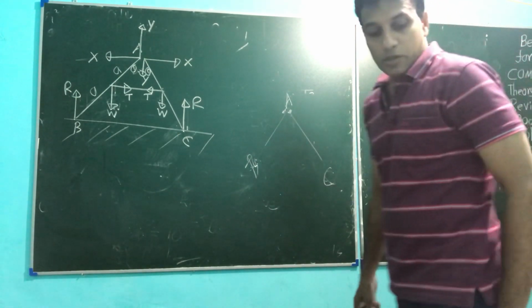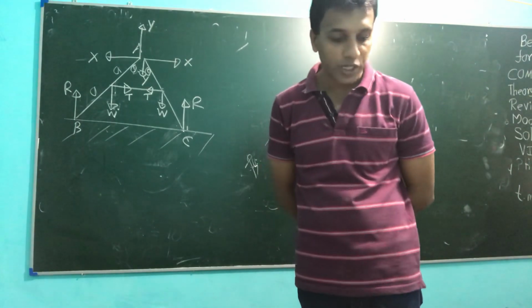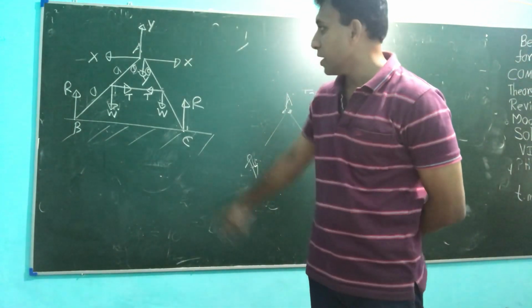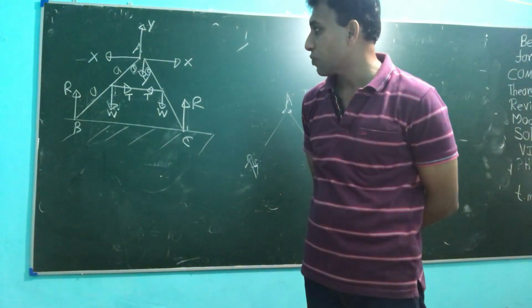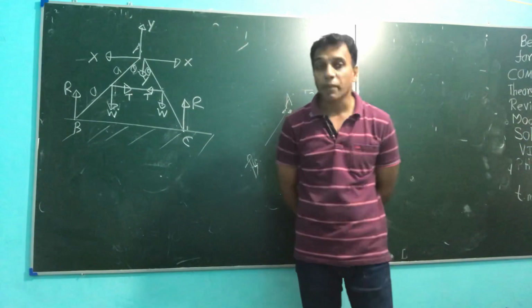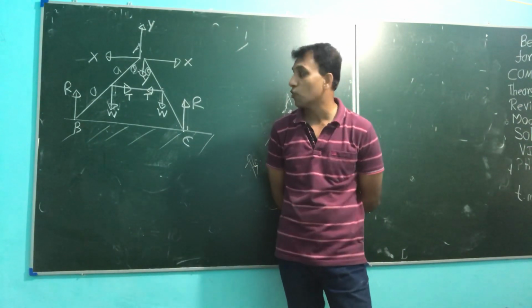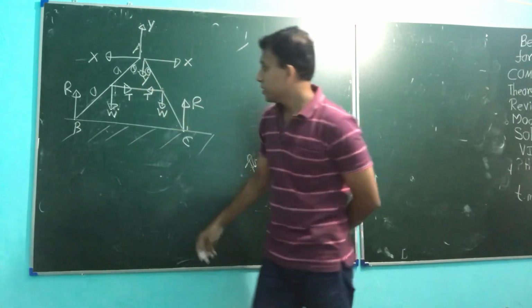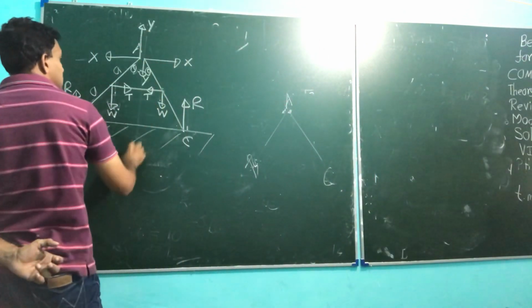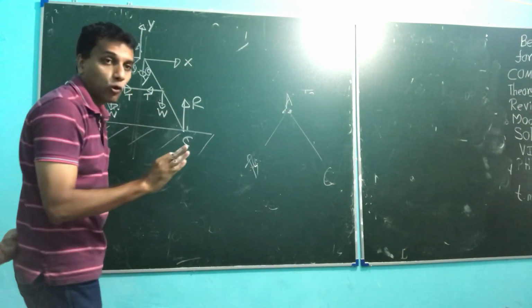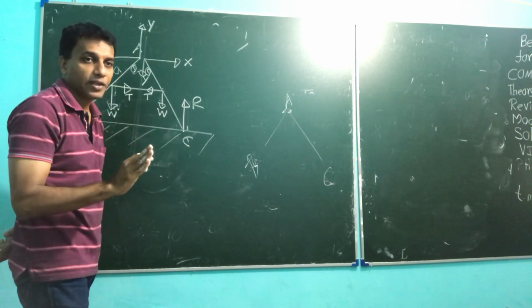Okay, the question is find the tension and direction at A. So you have to find the X value and the Y value. See this, it is a symmetric diagram, therefore Y is 0, because this is the symmetric axis. For this axis, Y is the parallel reaction.